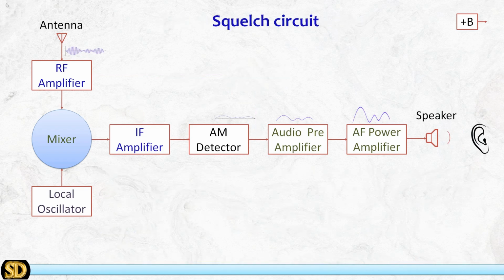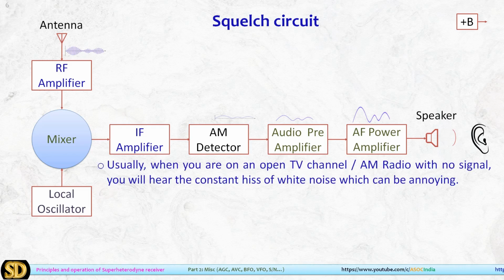If we go continuously, there is another circuit called the Squelch circuit. This circuit also works after the AM detector stage. Usually when you switch on a TV, old black and white TV and others, or an AM radio with no signal, you will hear a constant hissing sound or white noise, which can be annoying.